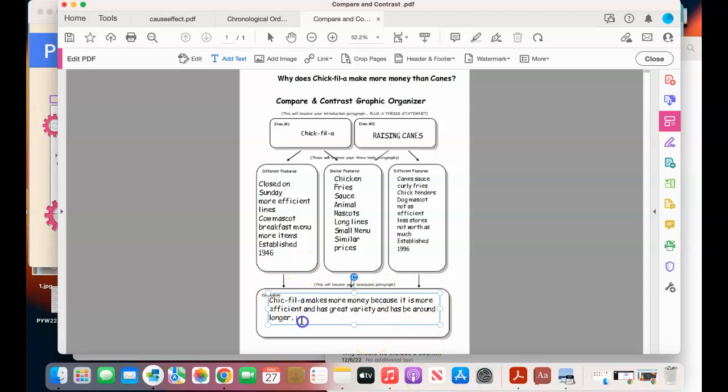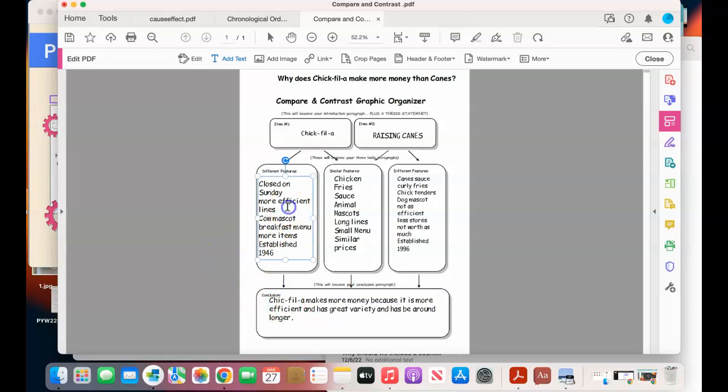So I found that Chick-fil-A makes more money because it is more efficient, has greater variety, and has been around longer, okay? So the efficiency, the greater variety, and it being around longer. If those are the things that I'm noticing, then those are the things I should be comparing, right? And then talking about maybe why that might affect the money that they make.